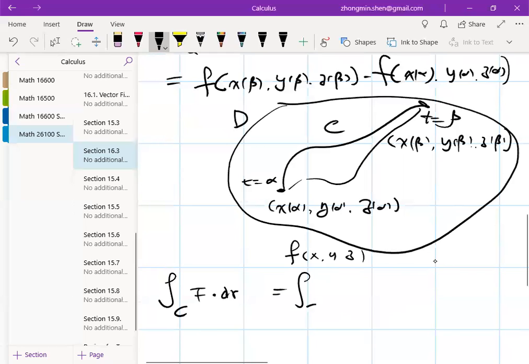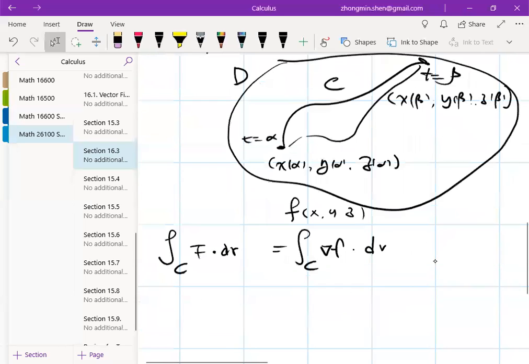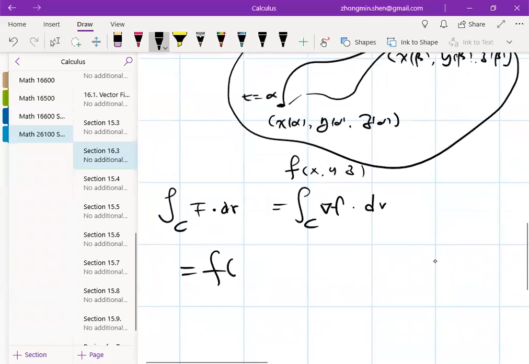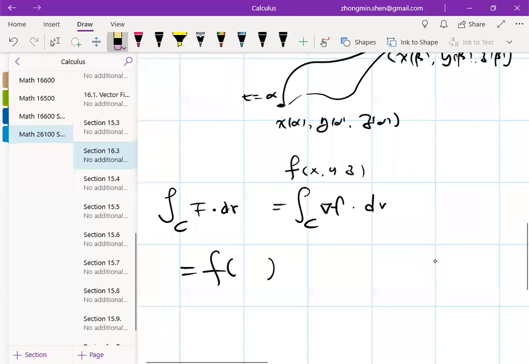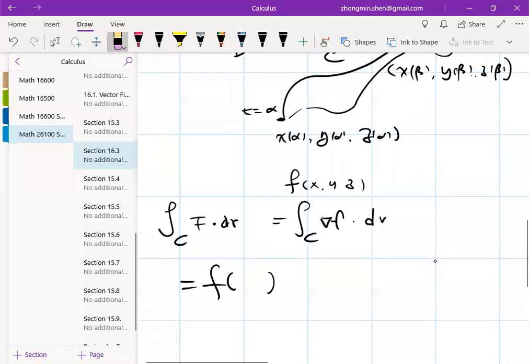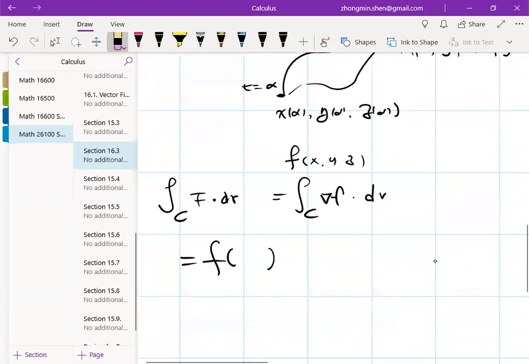This is the integral of grad f dot dr, and this is just the value of the function at the two endpoints. All right. So just the difference of the values of the function at the two endpoints.